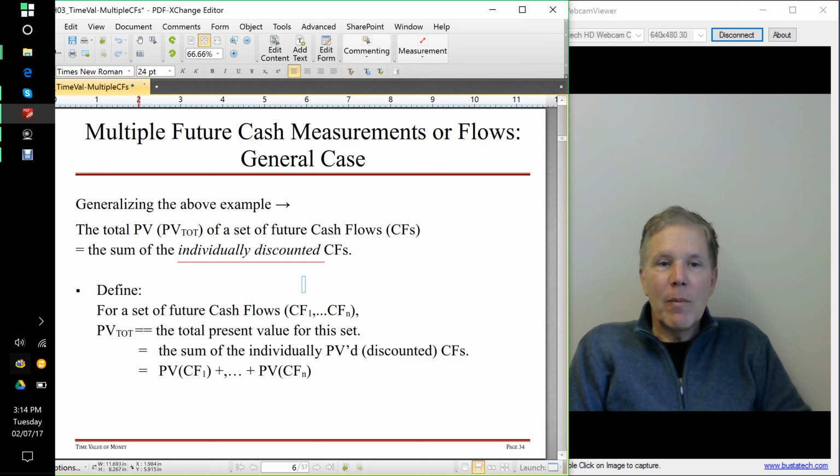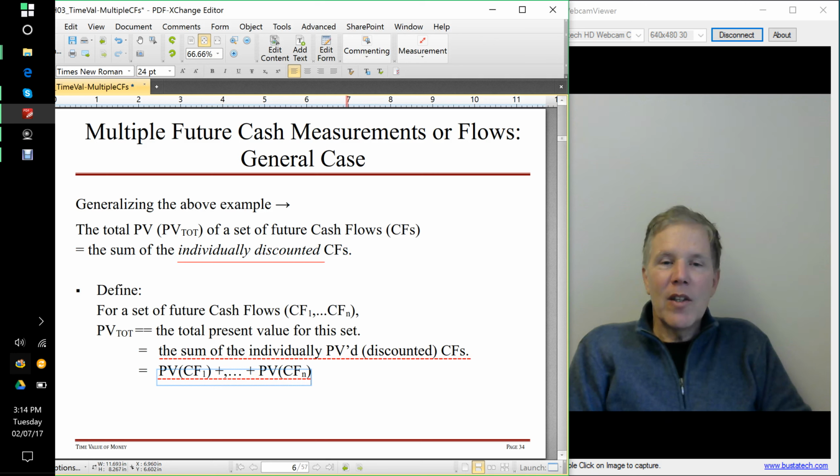And of course, what that means is that's going to be equal to the sum of the individually present valued, or discounted, cash flows, okay? And mathematically, we could say that's simply PV of cash flow 1 plus PV of cash flow 2, et cetera, plus PV of cash flow n.